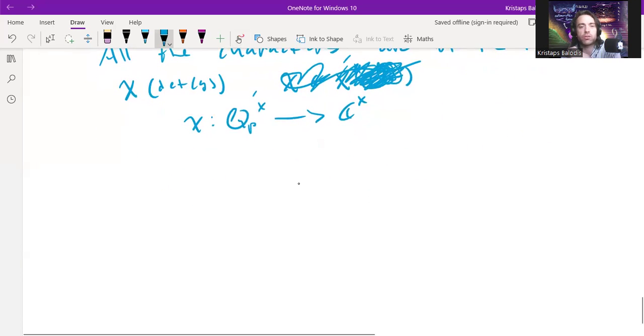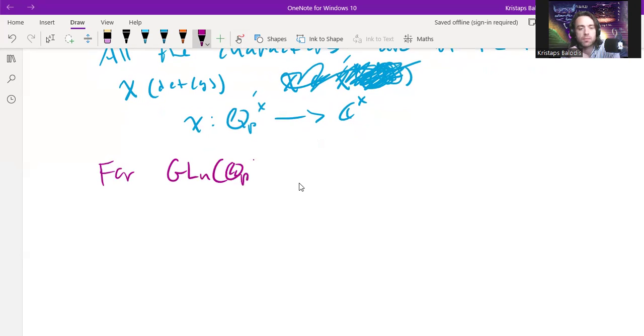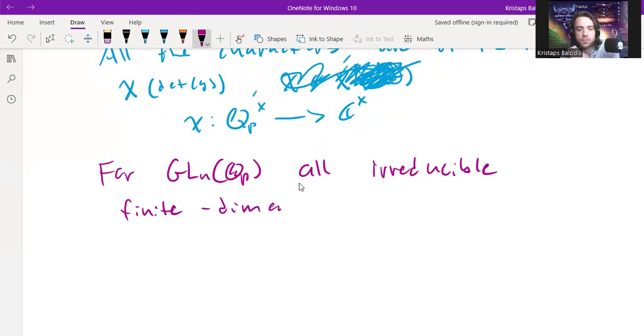And it turns out that actually for GL_n, all irreducible, finite dimensional representations are of this form.